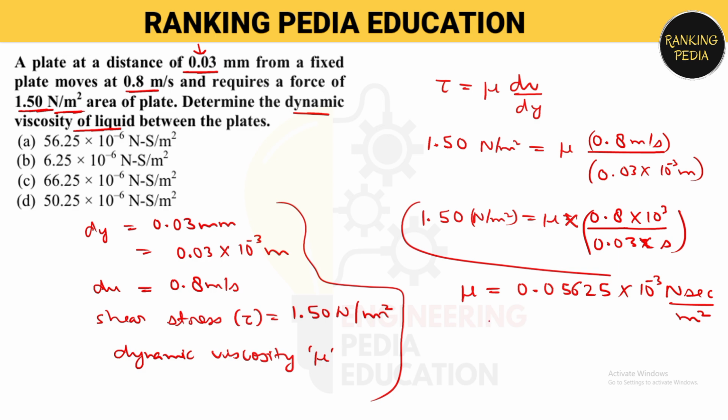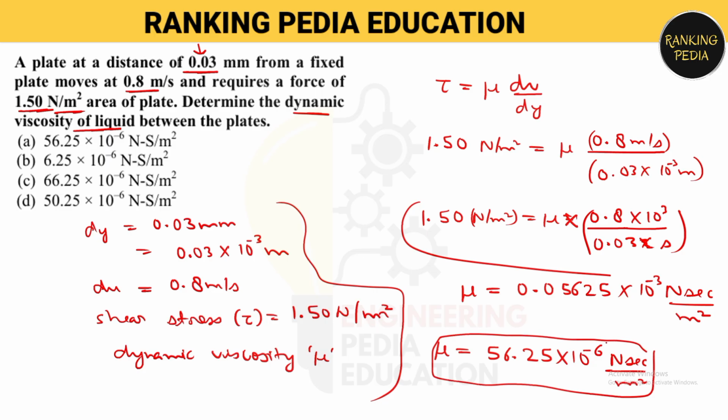After calculating through the calculator, your mu value is 56.25 into 10 raised to the power minus 6 Newton second per meter square, which is the final answer. Which option is correct? Option A is correct. So this is the final value of the dynamic viscosity of the liquid between the plates.